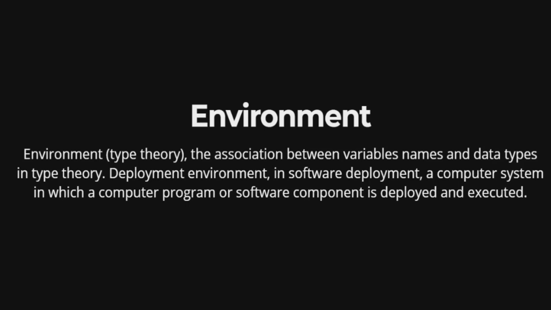Environment. Environment, type theory, the association between variable names and data types in type theory. Deployment environment, in software deployment, a computer system in which a computer program or software component is deployed and executed. Development.